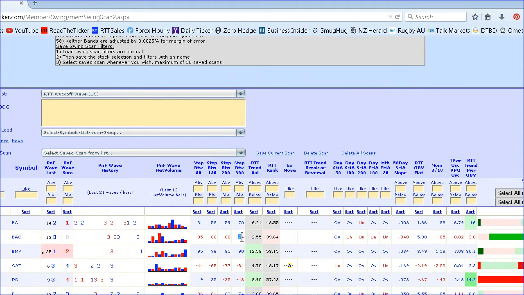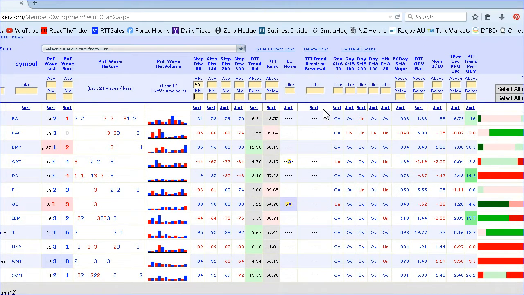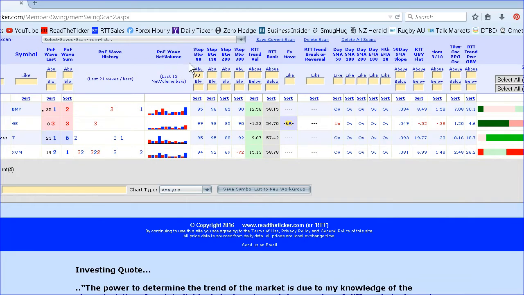Here it says 74% are within the bear step because it's red. Now let's show this visually. Let's put above 90, I suppose. This means we want 90% of all closes in a particular stepping indicator over the last 80 periods. So it's pretty tight.